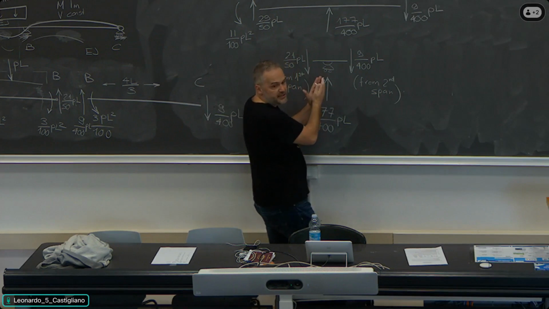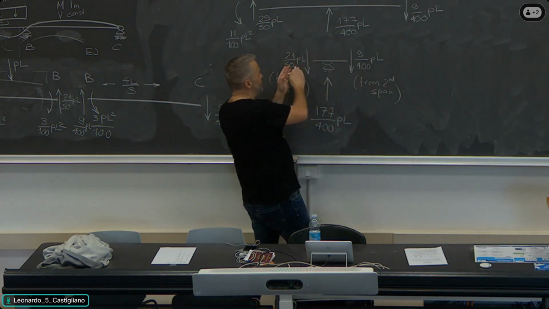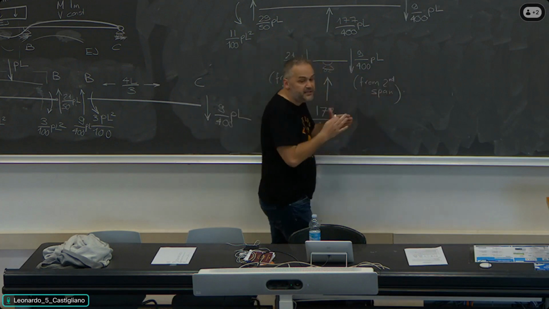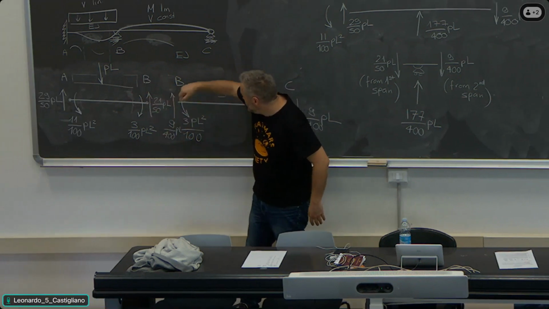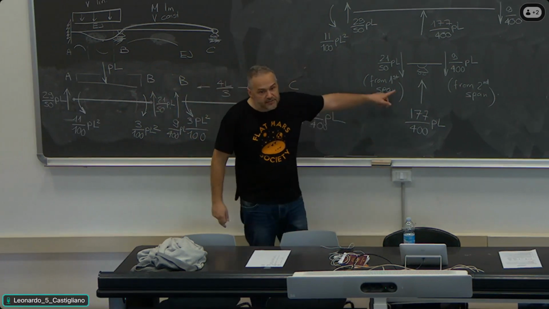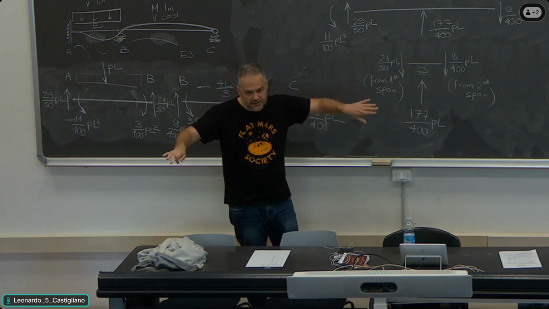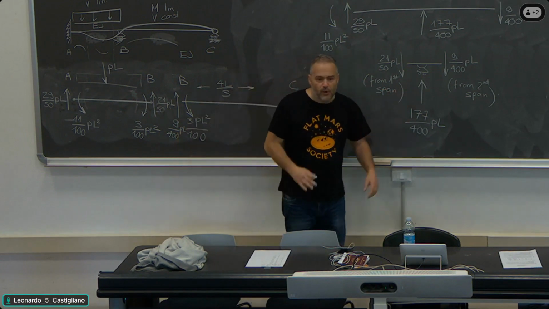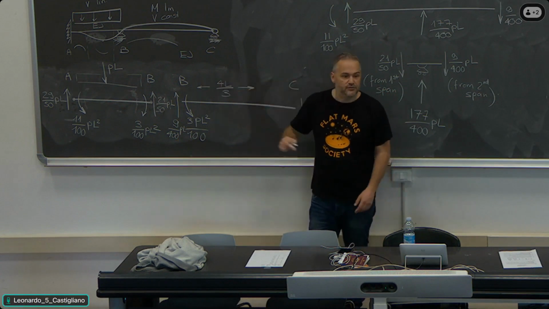It immediately divides into two. Not half and half, but more here and less there, but it divides. So there is no point in the first span or in the second span where this force is applied. It immediately subdivides between left and right. So when I design the two portions of the beam, I use the values of the shear force.